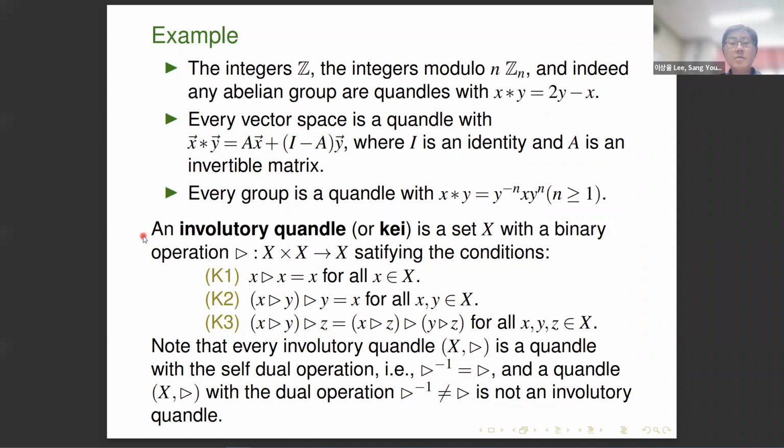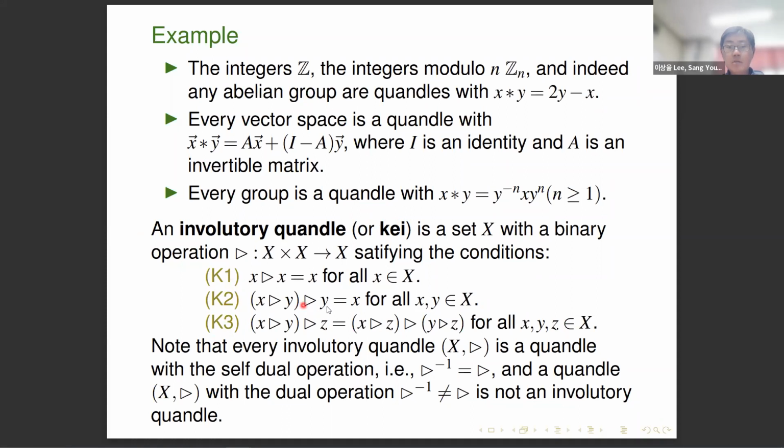A special quandle is an involutory quandle, or a kei, that is a set X with a binary operation satisfying these three conditions.